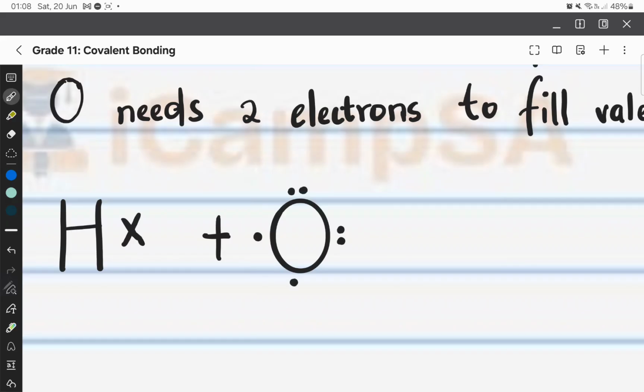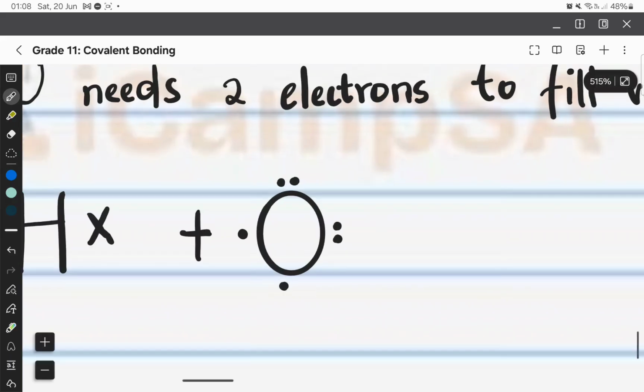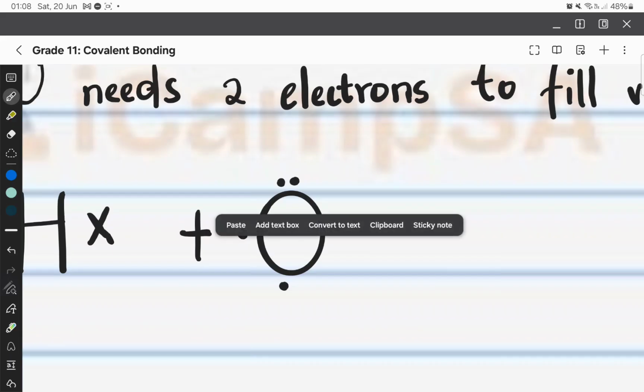It doesn't really matter how you draw these things, as long as the lone pairs are the correct number and the single electrons are also the correct number. Even if I put my lone pairs like this, or like that, it doesn't matter, as long as it's the correct number of valence electrons and lone pairs.